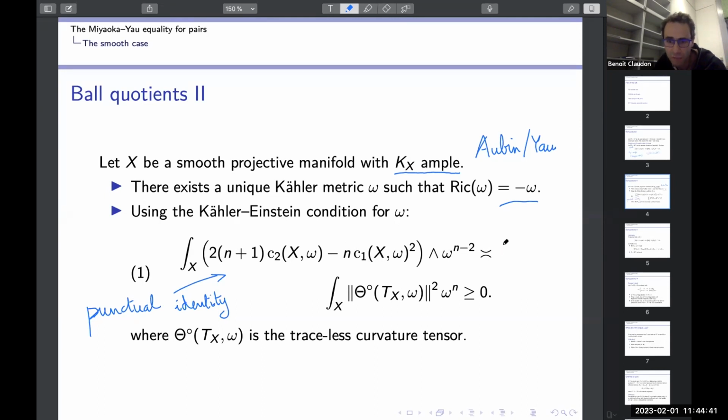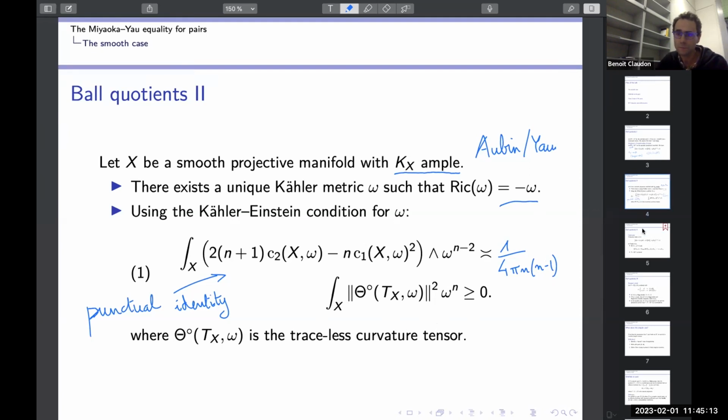I hope this constant is something like that, maybe there is a square on the pi. Up to this constant, this quantity is nothing but the square norm of the traceless curvature tensor. So theta_0 is the traceless curvature tensor of the metric omega. And so, of course, this quantity is non-negative.